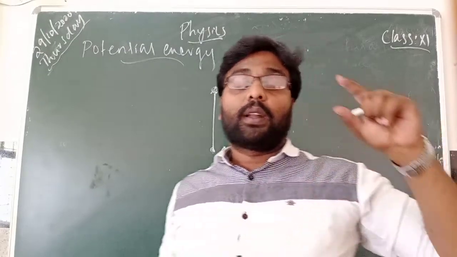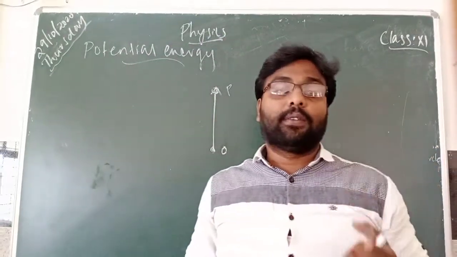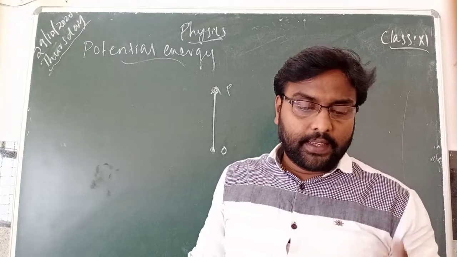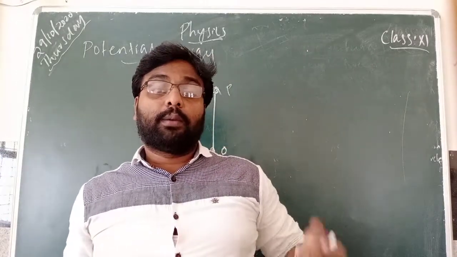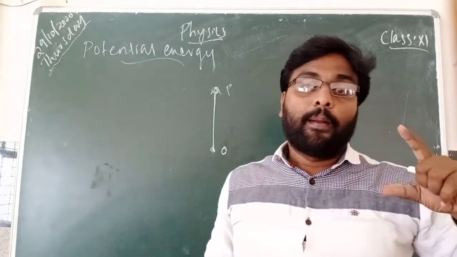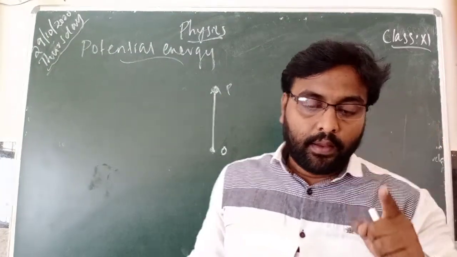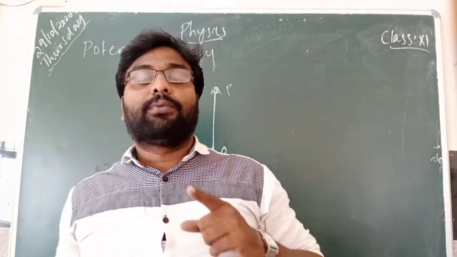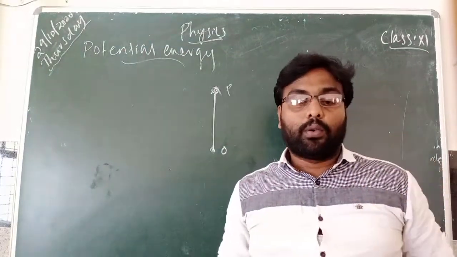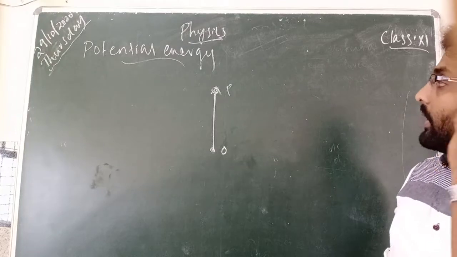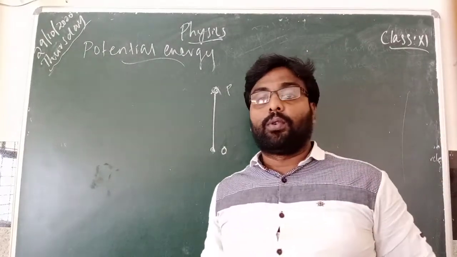Its definition is given on page number 176. How can you define the potential energy of an object at a point P? It is defined as the amount of work done by an external force.